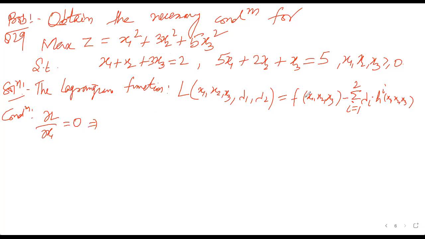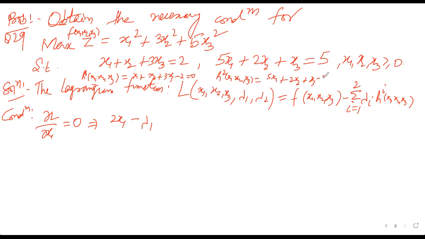Del L over del x1 is 2x1 minus lambda 1 into del h1 over del x1, minus lambda 2 into del h2 over del x1. Here h1 is x1 plus x2 plus 3x3 minus 2 is equal to 0, and h2 is 5x1 plus 2x2 plus x3 minus 5 is equal to 0.